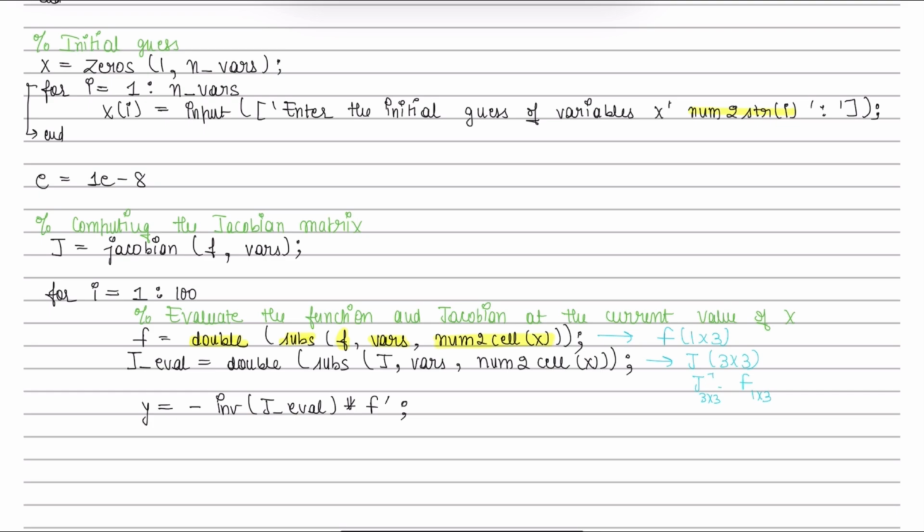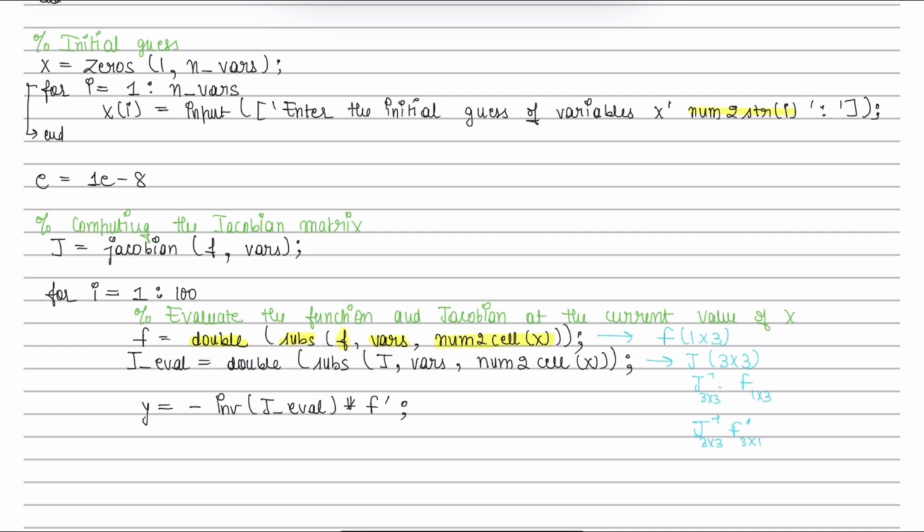That's why we have to use transpose here, so that the dimension of them matches. Also, when we have solved a question based on this method, the dimension of f was already in the form of 3 cross 1. If you find this thing difficult to understand, please refer the previous video I have made where I have solved the Newton's method for system of nonlinear equations manually.